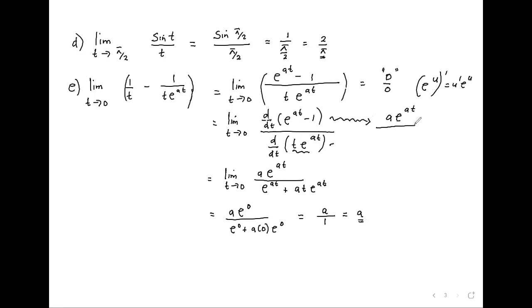Then we differentiate this one alone as well. To differentiate this one, we use the product rule, because we have a product of t times e^(at). The derivative of t is 1. So I have 1 multiplied by e^(at), plus the derivative of e^(at), which is a, and then I multiply by t. Okay, sir. Thank you.